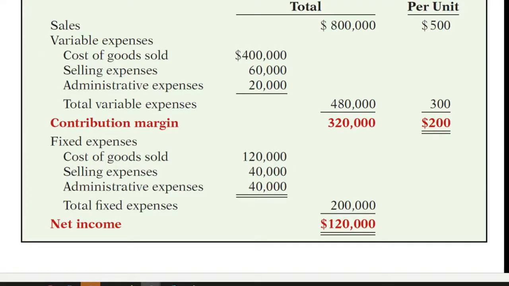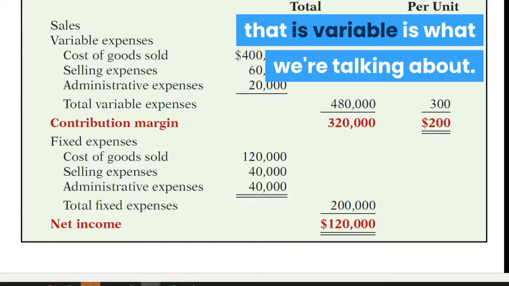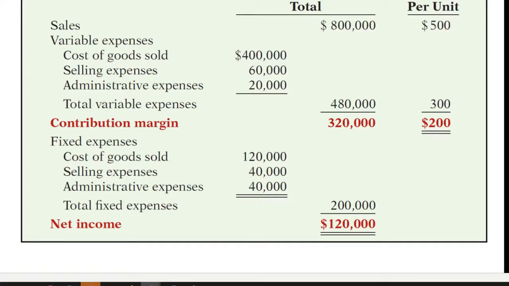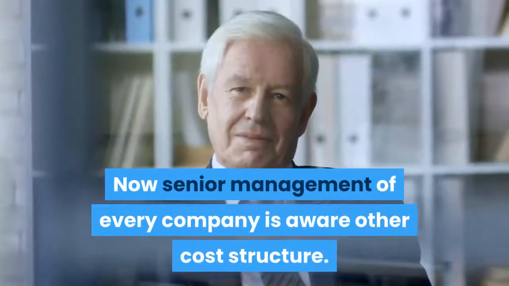But the percentage of the total cost that is fixed and the percentage of the total cost that is variable is what we're talking about, the relative proportion of fixed costs to variable costs. And as we're going to demonstrate, cost structure has a very significant effect on a company's profitability.